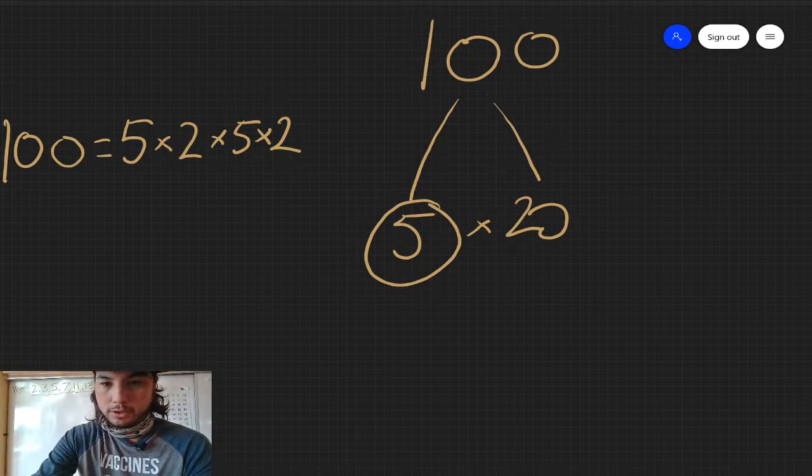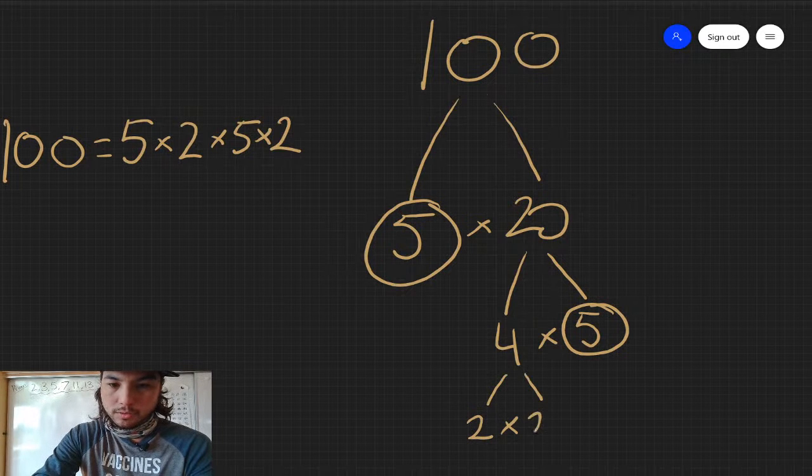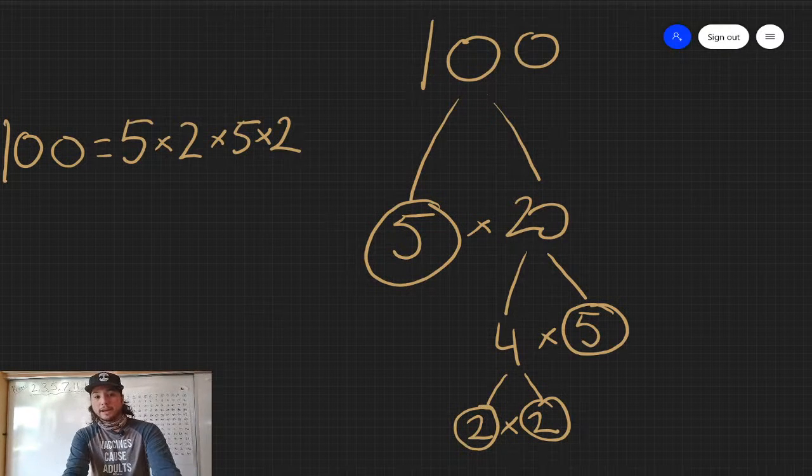We'll circle that. 20 is composite. We just did it on the board. Let's use 4 times 5 here, equals 20. That 4 is composite again, and we have 2 times 2 equals 4. So then we end up with, again, 5 times 5 times 2 times 2, once you get down to it.